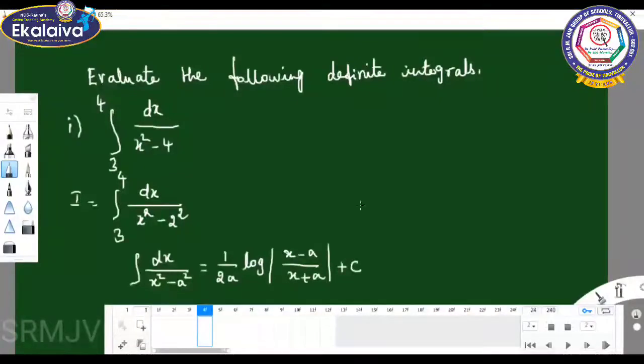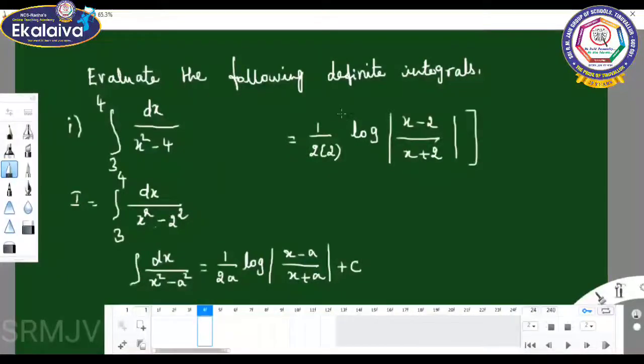So in this, the x value is x and the a value is 2, because 2 square. 1 by 2a, 1 by 2 into log of modulus of x minus 2 by x plus 2. You don't put plus c because the limit is given. If the limit is given, you don't put plus c.